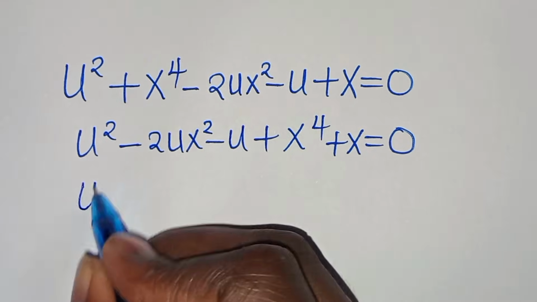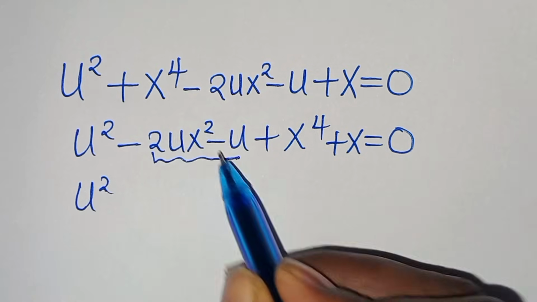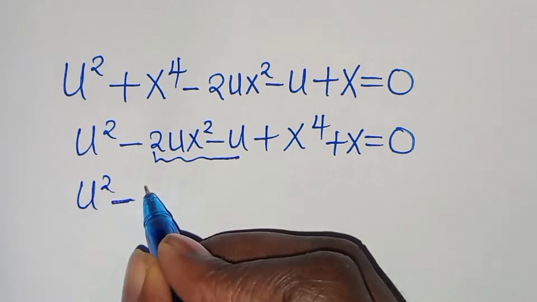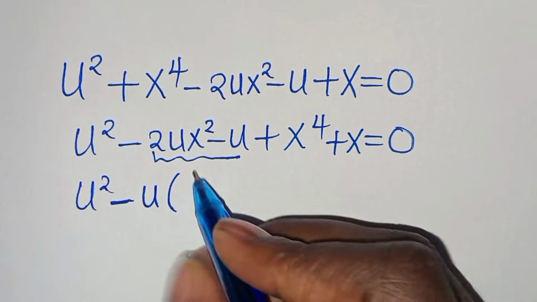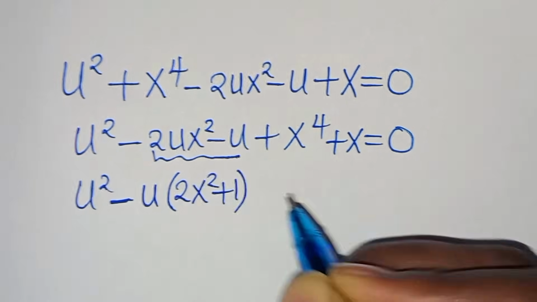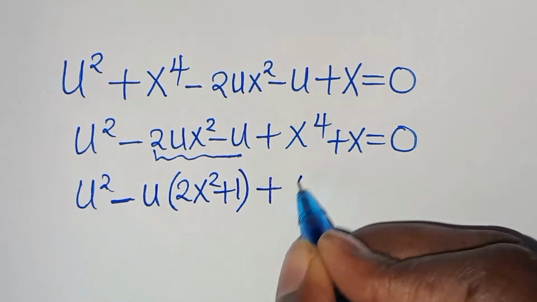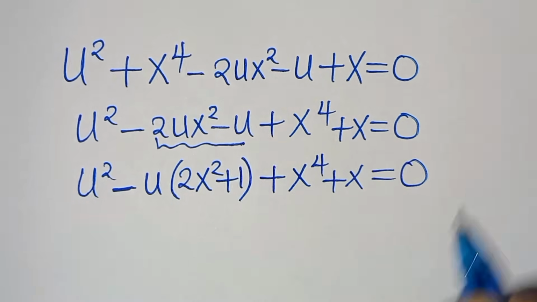Therefore, we have u squared. From this part, u is common, so we have minus u into the parentheses 2x squared plus 1, then plus x to the power of 4 plus x, equal to 0.